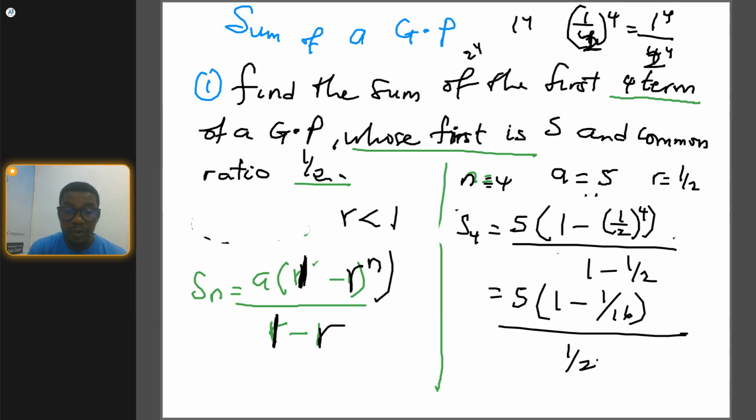So to do that, we'll proceed by saying, taking 1/16 subtracted from 1, that is 15/16. 1/16 subtracting from 1, we have 5 into the bracket, 15/16.